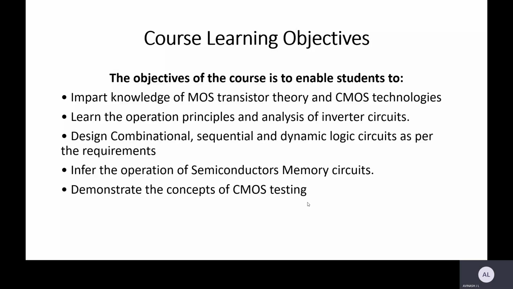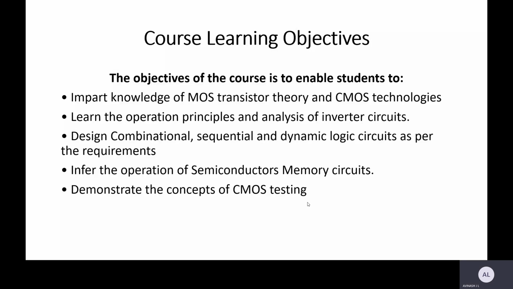The next one is to infer the operation of semiconductor memory circuits. Basically, when we talk about very large scale integration, we mean large scale integrated circuits, the IC chips that are built to store memory, to store data. When dealing with this concept, semiconductors are the materials used to manufacture these circuits.